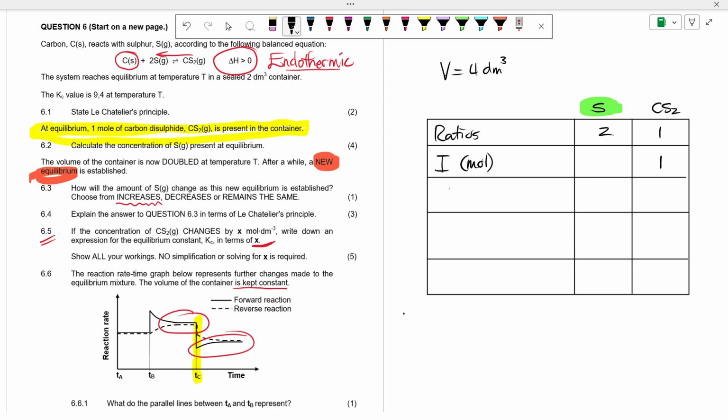Okay, let me just fill the table. This is change in moles, and this is quantity at equilibrium. So just say equilibrium moles. This is concentration at equilibrium. So square brackets at equilibrium in mole per decimeter cubed.